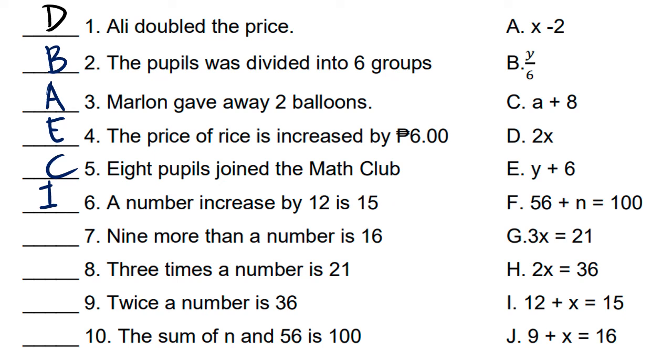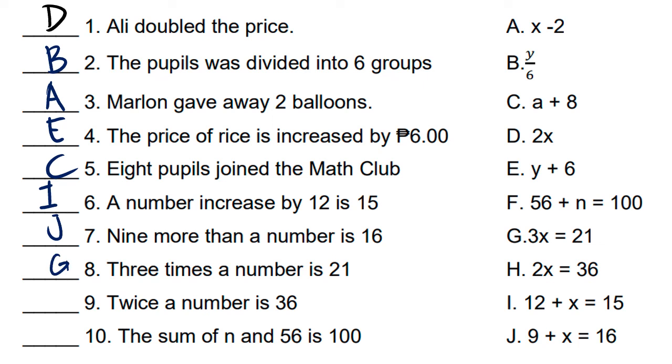9 more than a number is 16. 9 more than a number. 9 plus x equals 16. Ito, letter J. 3 times a number is 21. 3 times a number, 21. That's G. And then last, no, not last.